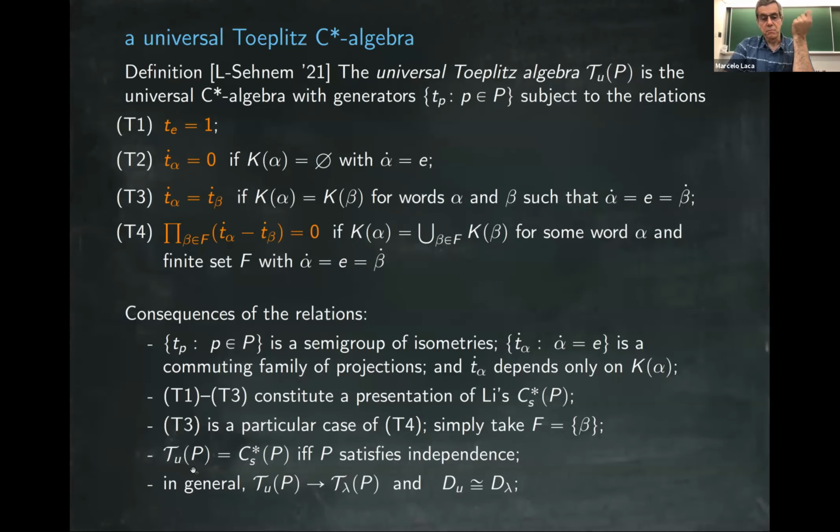And that means that since T4 is automatic when independence holds, then T_U(P) is equal to C*_s(P). So we're getting the same C star algebra as Li when independence holds. But when independence doesn't hold, we have an extra condition. And the extra condition is good because in general, we get the same diagonal. So the D_U corresponding to the diagonal generated by the T dot α's is canonically isomorphic to the D_λ in the left regular.